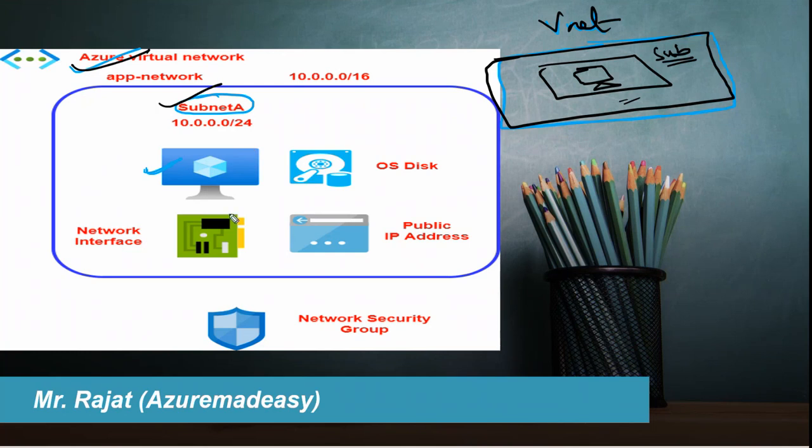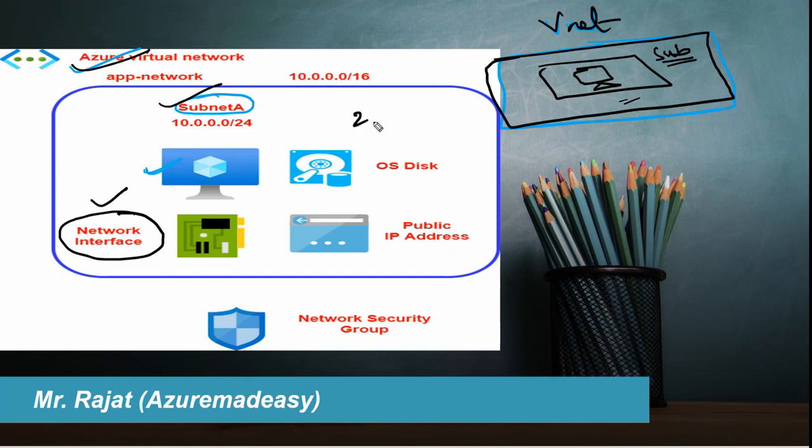Now our next resource, which we need to create before this VM, because who will provide the IP address to this VM? Obviously the network interface card. So we need to create the network interface card. The network interface card will help this particular VM get an IP address.